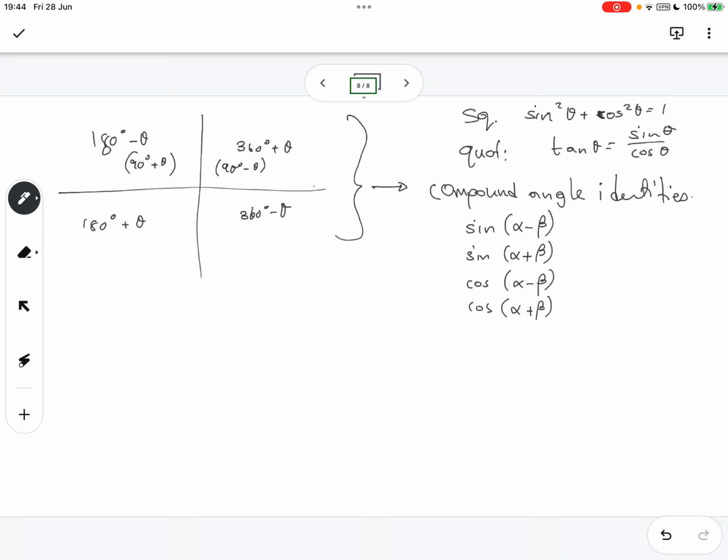In the next class tomorrow, we are going to derive these. But for now, I just want us to look at some of them.